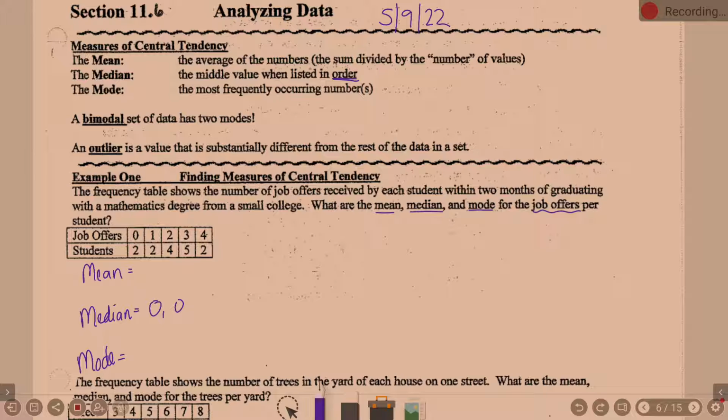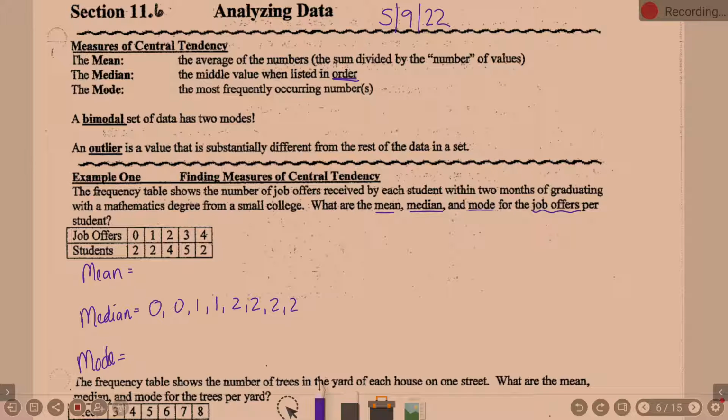And then we know that 2 students had 1 job offer. So 1 and 1. And then what? 2 and 2. 4 students had 2 job offers, so we're going to list 2, 2, 2, 2.